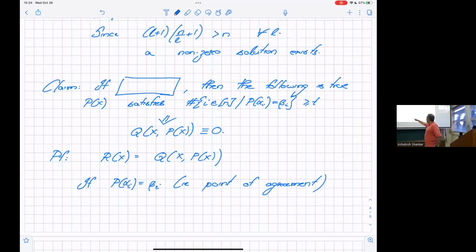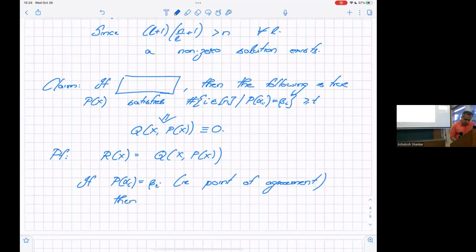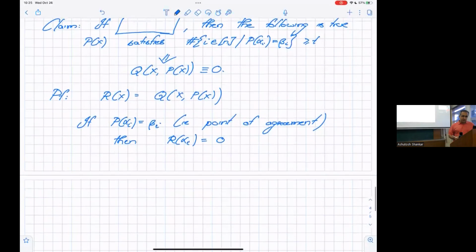Now if P of alpha i equals beta i, then we have R of alpha i is 0. In other words, x minus alpha i is a factor of R of x. This is true for every single point of agreement. So if you show that the degree of R is smaller than t, this will force R to be identically 0. So now let us stare at what is the degree of R.